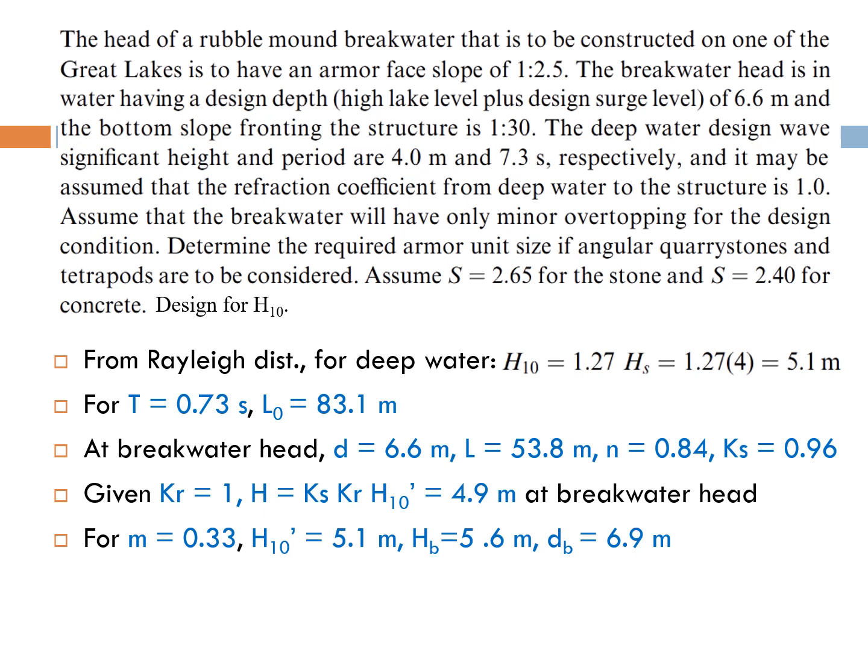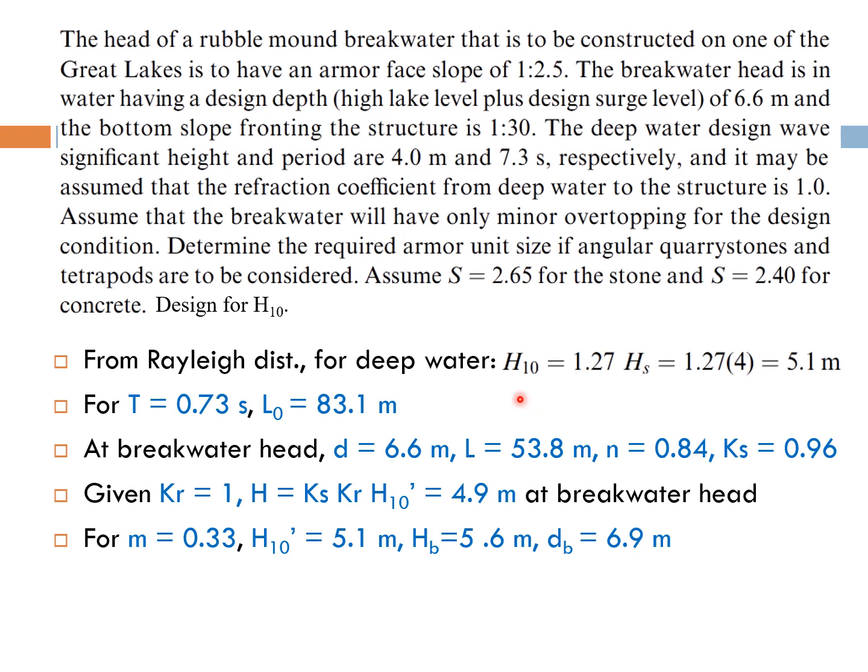First and foremost, let us find out the design wave condition. We are given that the wave height is 4 meter and the wave period is 7.3 seconds. But these are information at the deep water. So based on this information, we are going to determine the design wave height.